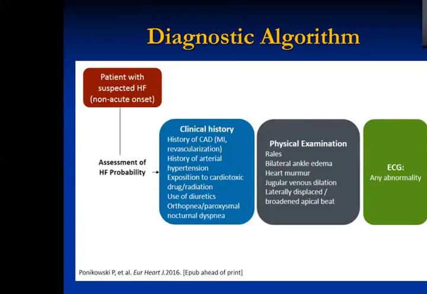If the NT-proBNP is negative, that is, the level is below certain limits, then you have excluded heart failure. If it's positive, then you need LV function assessment, that is echo. So in this algorithm, the next step after positive BNP is echocardiography, and then further specific investigations according to your preliminary assessment.